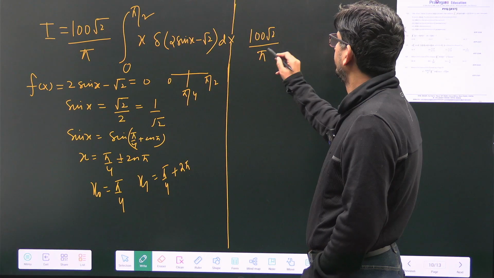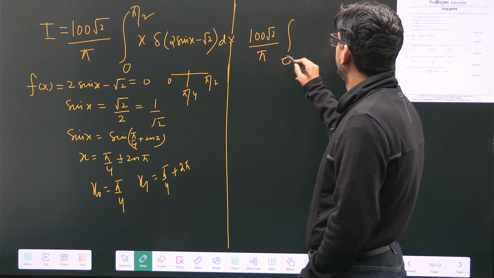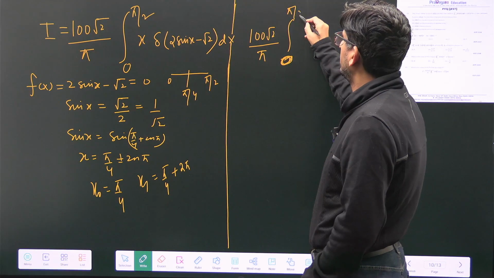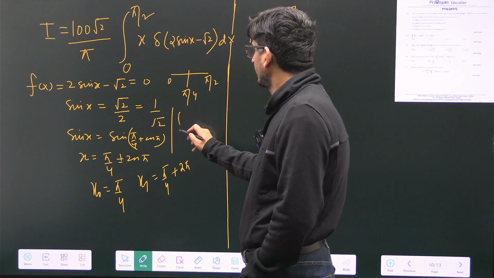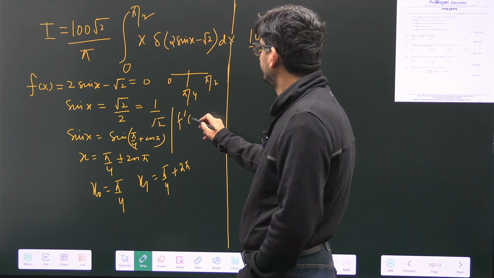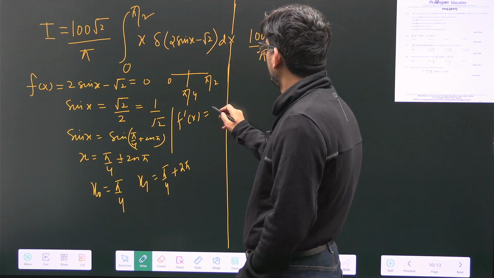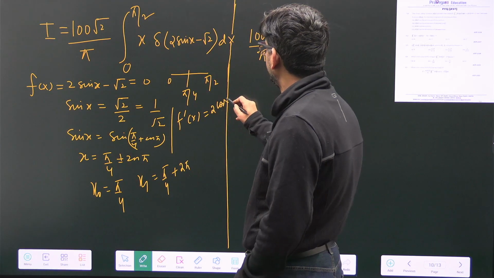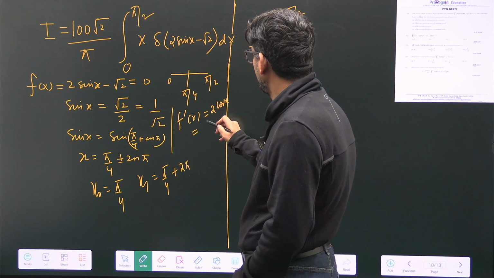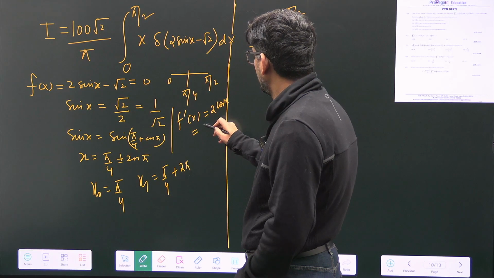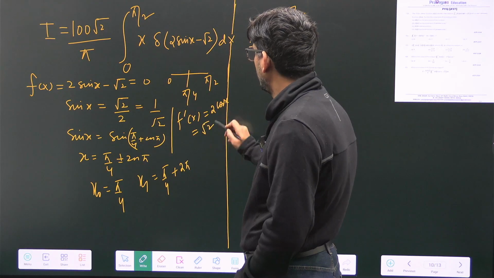100 root 2 over pi, integral 0 to pi by 2, and what is the derivative? F dash is 2 cos x, meaning 1 over root 2.